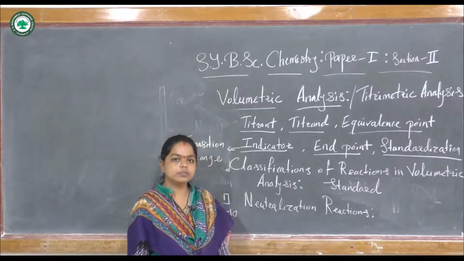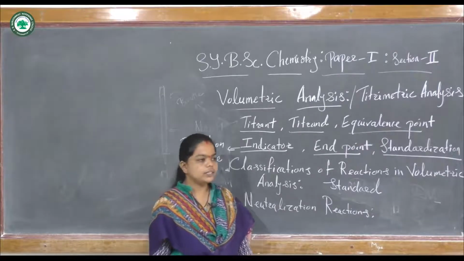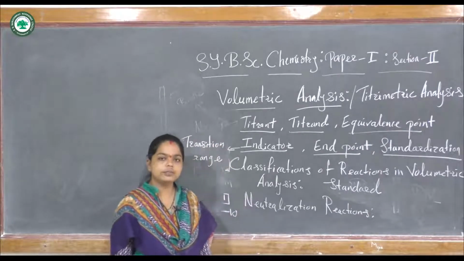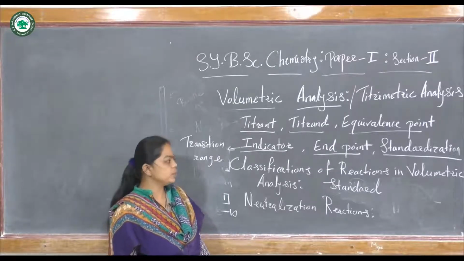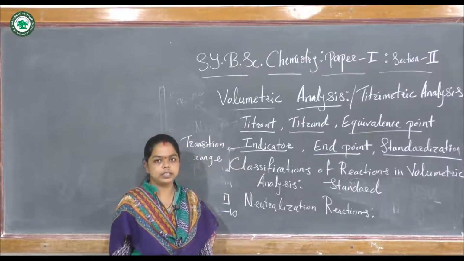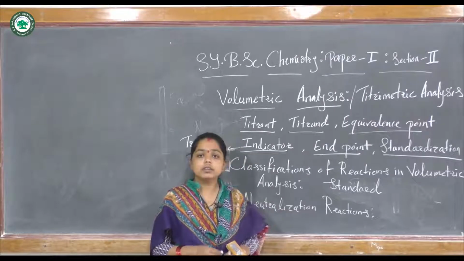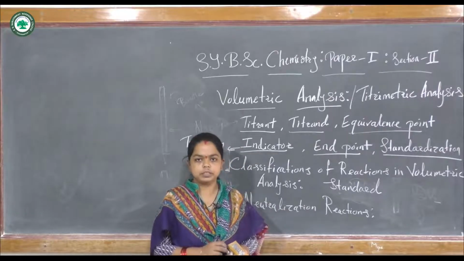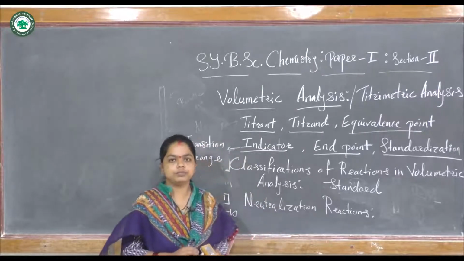So these are the different types of neutralization titration. We can carry out different types of titration for acids and bases. But in the case of a strong acid and strong base, we have to use a particular indicator. Again, for a weak acid and strong base, we have to use another type of indicator, because the end point is found to be different.